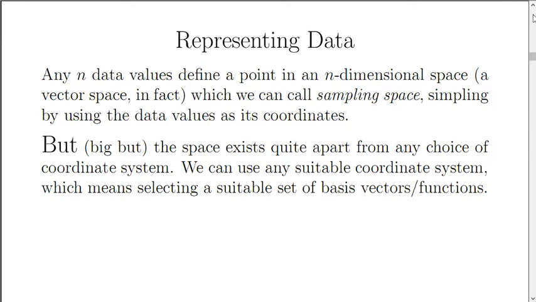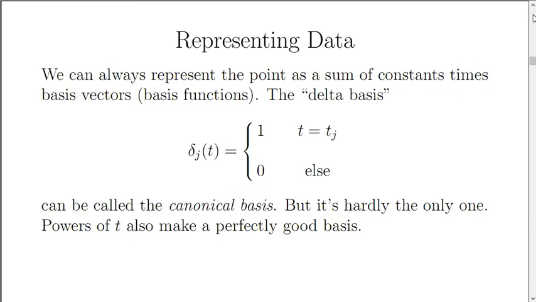But, and this is a big but, that space, sampling space, exists quite apart from any choice of coordinate system, because using the delta functions corresponds to choosing a coordinate system. We can use any suitable coordinate system, which means we can select any suitable set of basis vectors or basis functions. We can always represent the point as a sum of constants times basis functions.